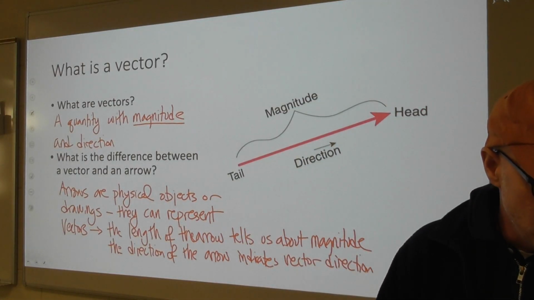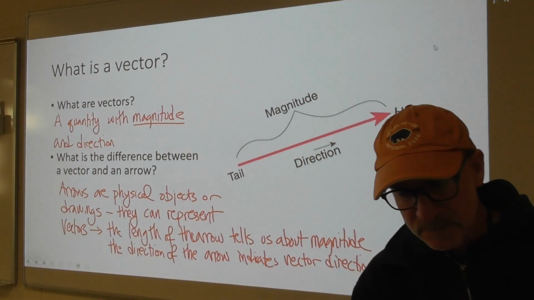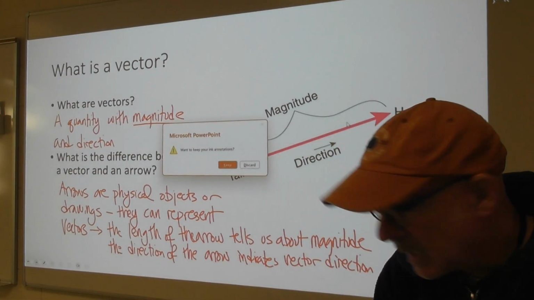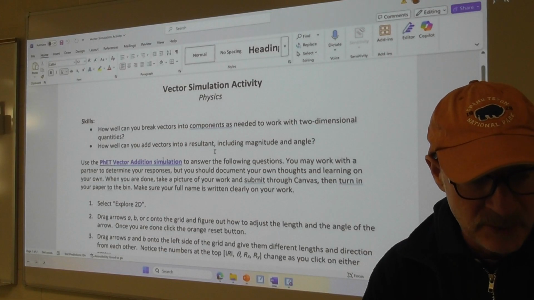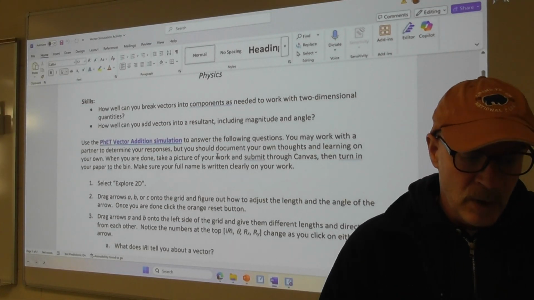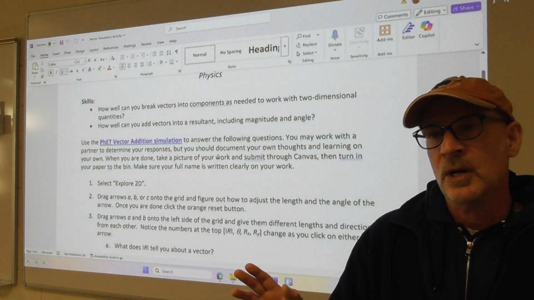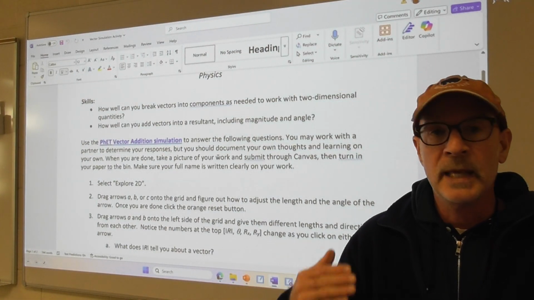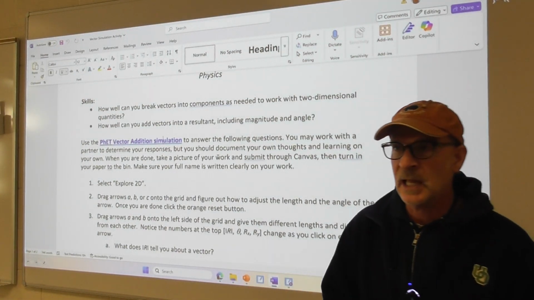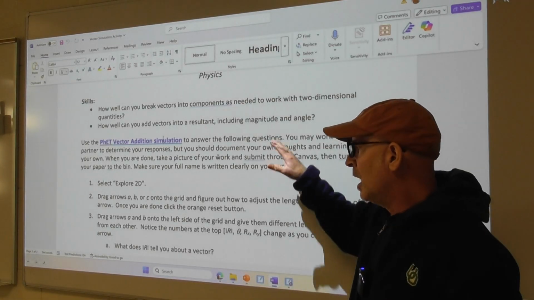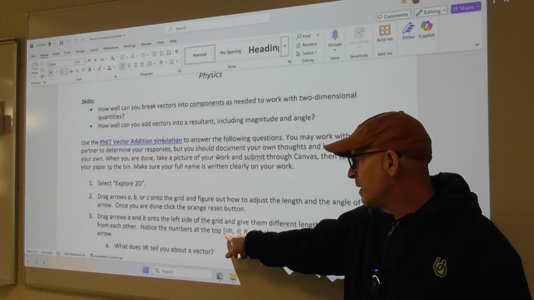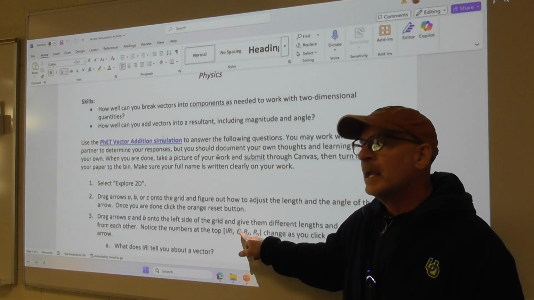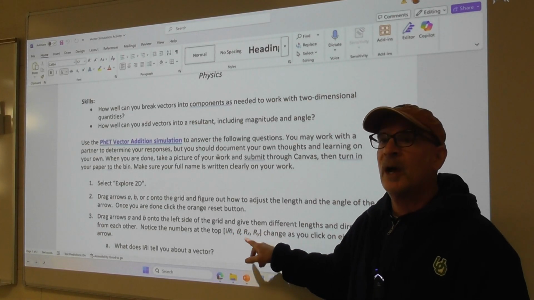So there is an assignment on Canvas, and that assignment is called the vector simulation activity. I want you to just get started with this. You'll play around with it. We'll get into the math stuff next class, but for today, just get started with this. The only thing I need to tell you is this symbol, capital R, is a generic symbol for a vector.